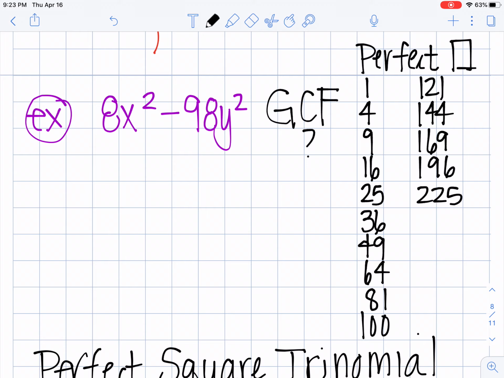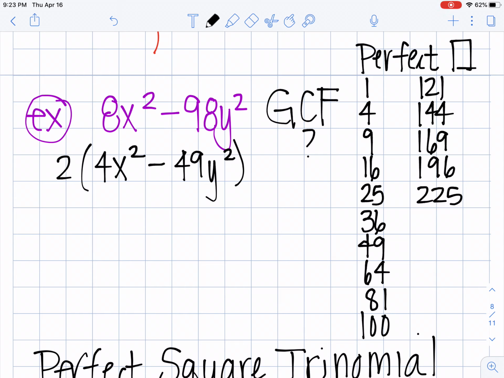So 2 goes into 8. So if I took out a 2, that would give me 4x squared. And if I factored out a 2, that would give me 49y squared. Is there a number that goes into both 4 and 49?